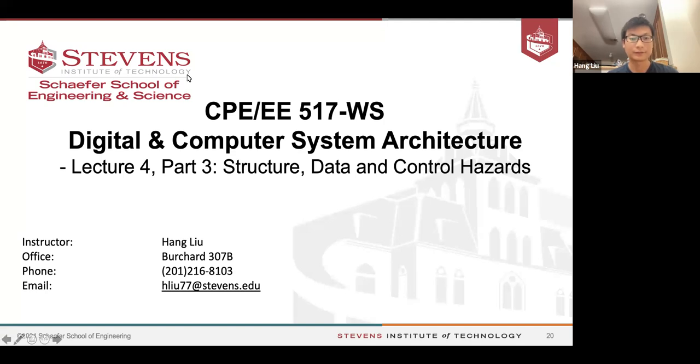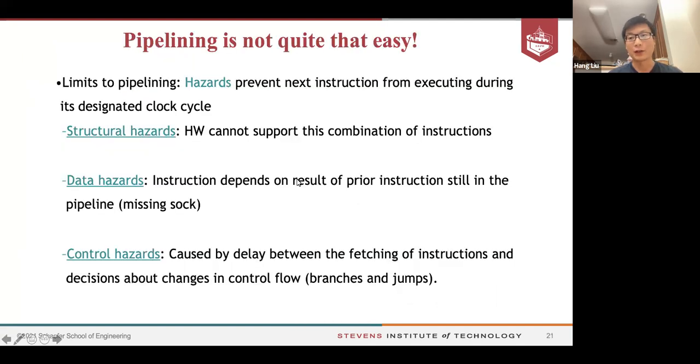Okay. So remember, we have a 5-stage pipeline. The beauty of a 5-stage pipeline is you don't have to do anything. We just have to let each function unit be used by a different instruction so that we can have better performance, right?